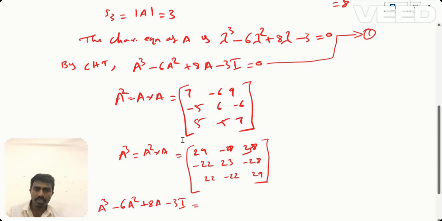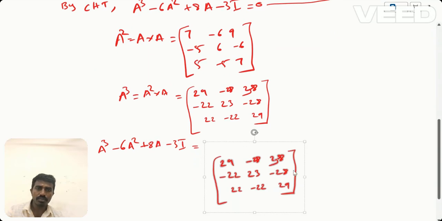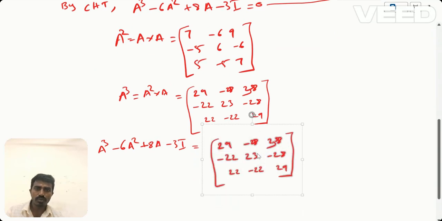A cube is this one, minus 6 times A square. A square is this one.